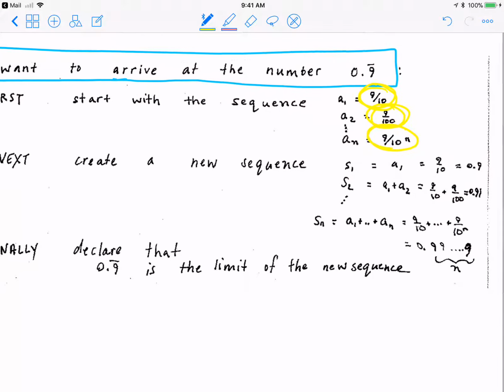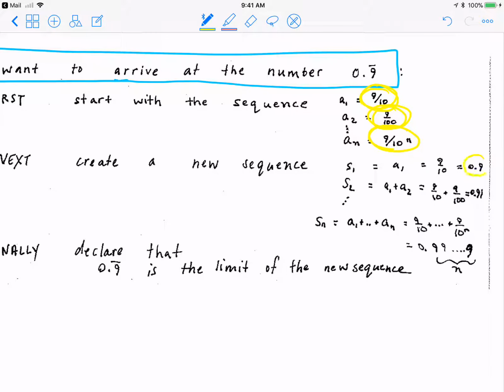Next, we can create a new sequence. Our new sequence is going to be 0.9, 0.99, all the way up to 0.99999, where we've got n nines.